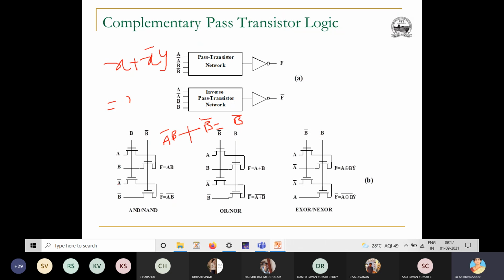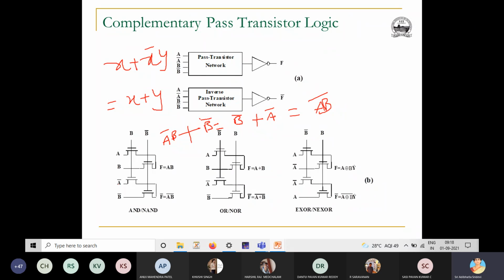X plus X bar Y equals X plus Y. You apply this and tell me the output. A bar plus B bar, ma'am. B bar plus A bar. What is that? NAND. AB whole bar, NAND.